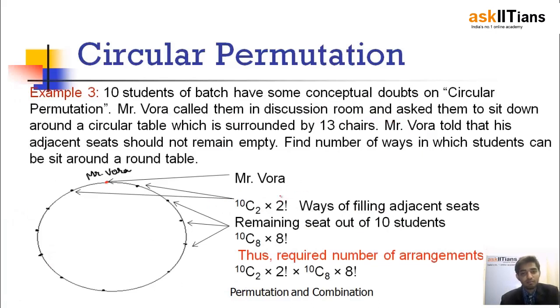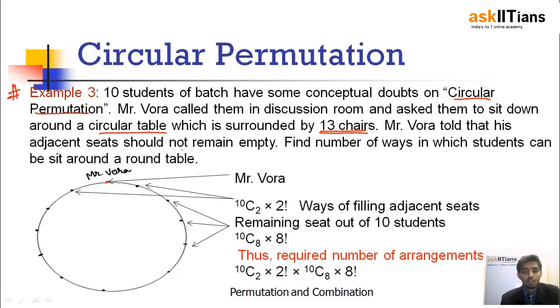Let us consider this example. 10 students of a batch have conceptual doubts in circular permutations. So there is a batch of 10 students. Mr. Vora called them in the discussion room and asked them to sit around a circular table. There are 13 chairs surrounding this round table.